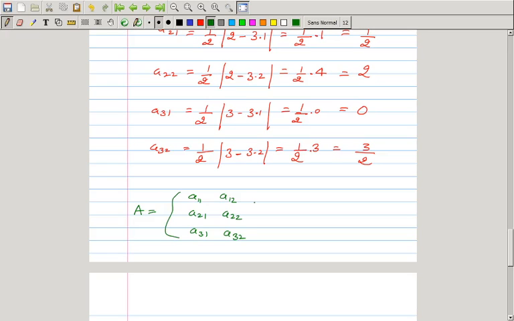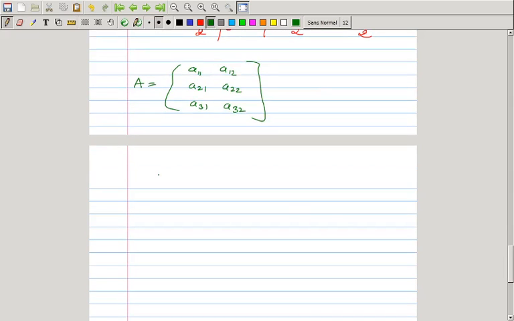This is how we wrote our matrix. So we'll just fill in the values for each of the elements.